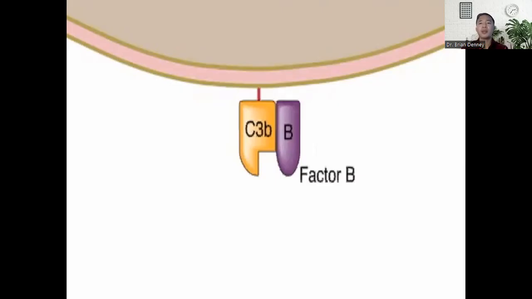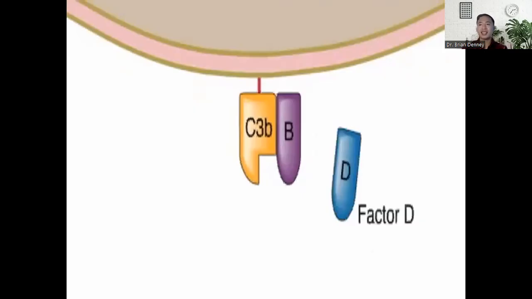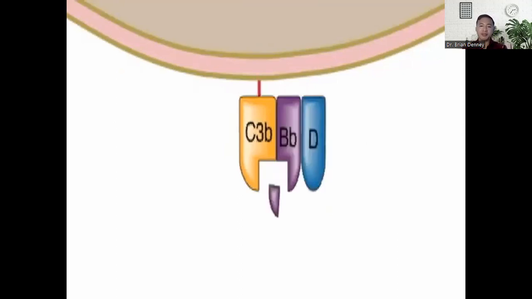And what is that complement protein? Very good, class. Your factor D. In the presence of magnesium ions, your C3b becomes bound to your factor B. Once factor B is bound to your C3b, it induces conformational changes in your factor B molecule, so it becomes an easy target for your factor D. When factor D cleaves your factor B, it produces two fragments.